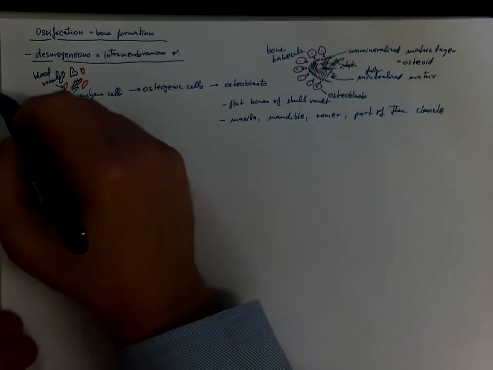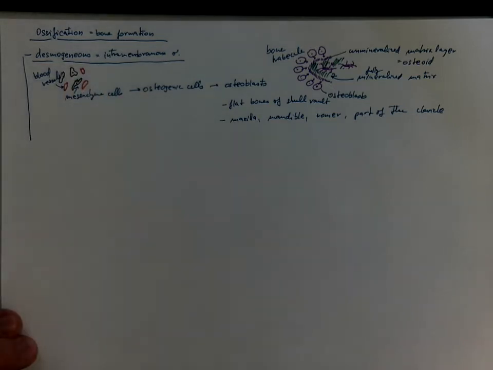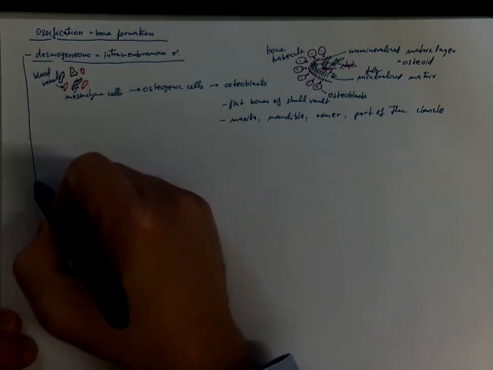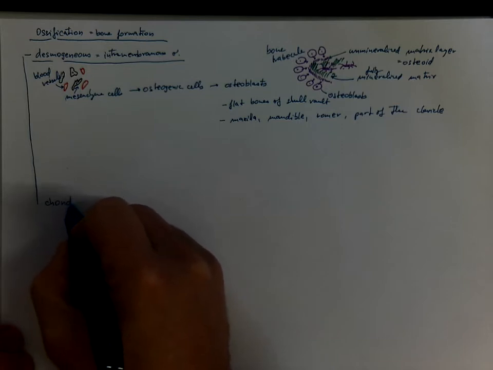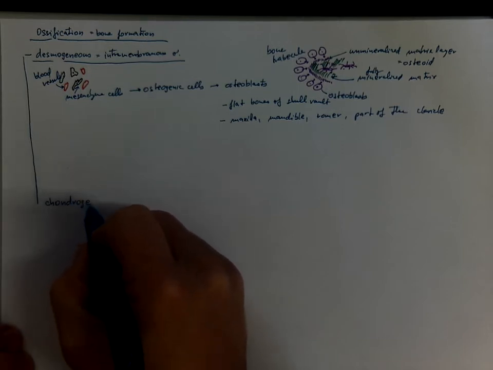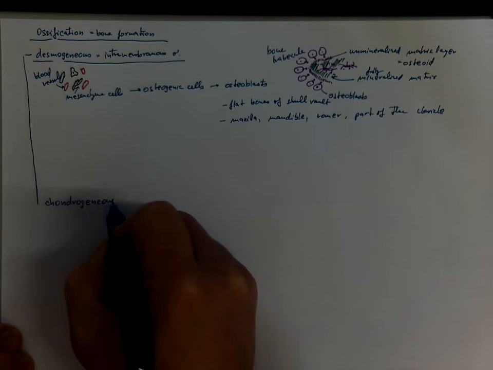However, most of the other bones in the human body originate via another mechanism called chondrogenous ossification.